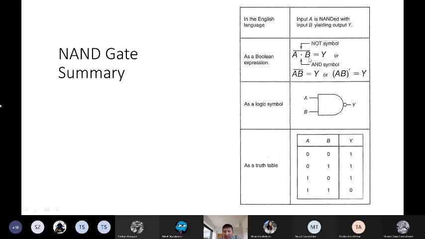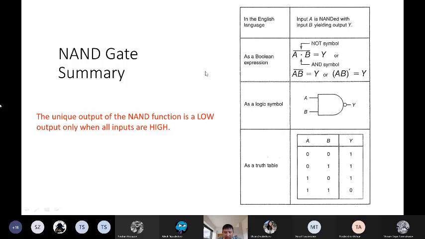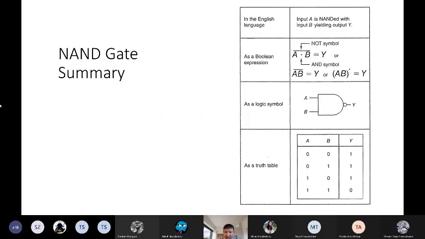I've already mentioned the Boolean expression. It is some alternative way. You should know the symbol, and you should know the truth table. Also you should know the unique output of the NAND function is low output only when all inputs are high.